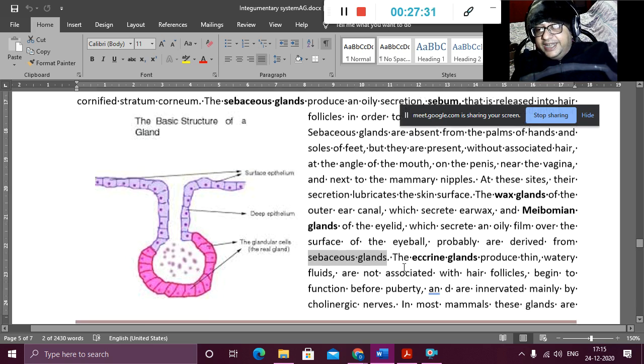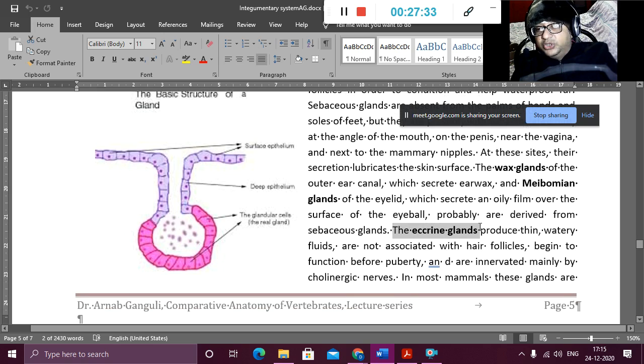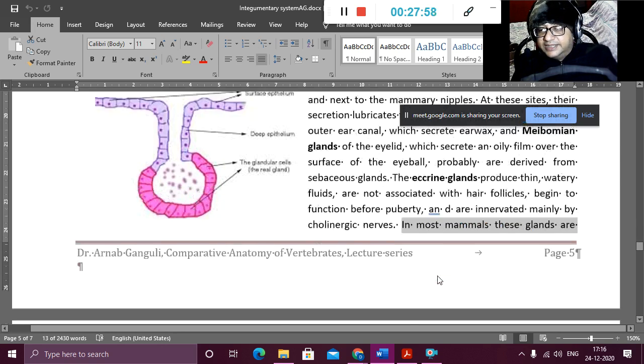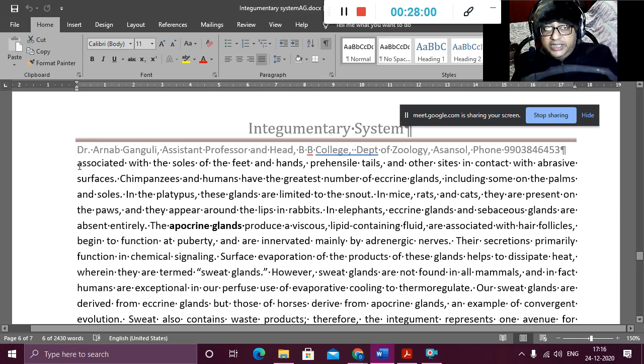Now let's go to the eccrine glands. The eccrine glands produce thin watery fluids and are not associated with hair follicles. They begin to function before puberty and are innervated, that is, nerve connections go mainly by cholinergic nerves, acetylcholine dependent nerves. In most mammals, these glands are associated with the soles of the feet and hand, prehensile tail, and other sites in contact with abrasive surfaces.